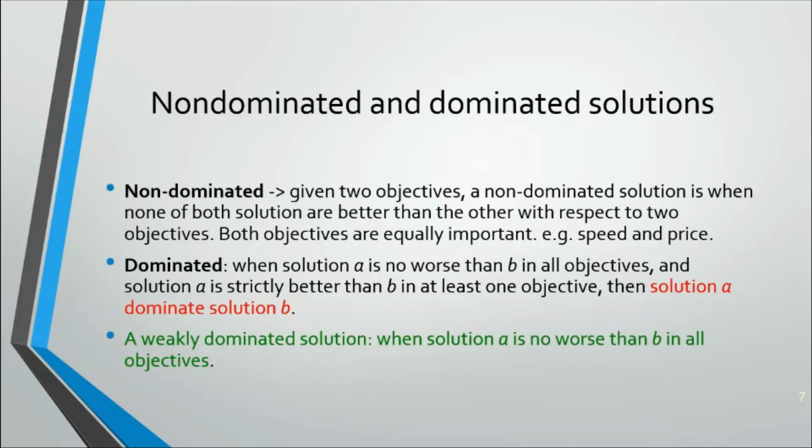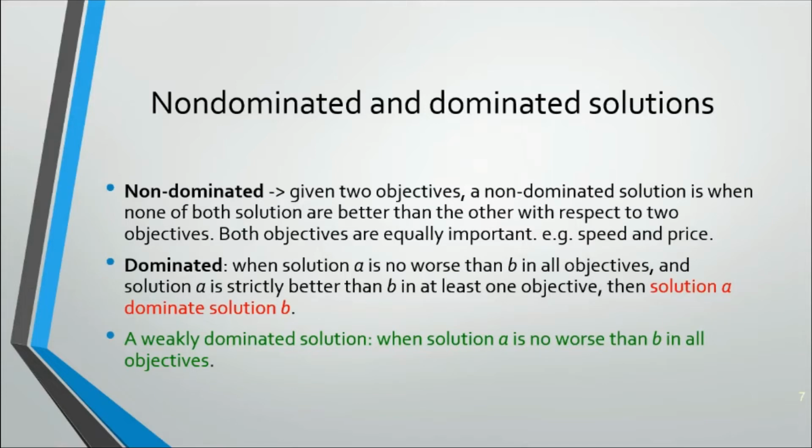Then a dominated solution. Suppose we have a solution A which is no worse than B in all objectives, and A is strictly better than B in at least one objective. Then solution A dominates solution B. That is, we have two different solutions and multiple objectives, say 3 or 4.